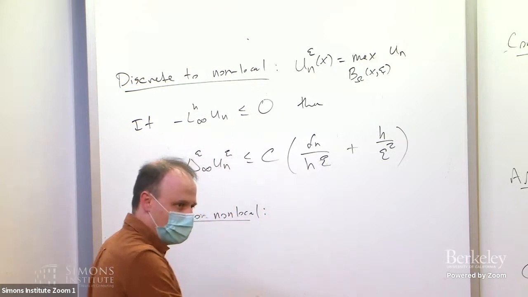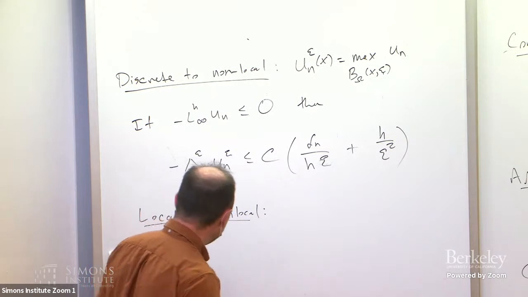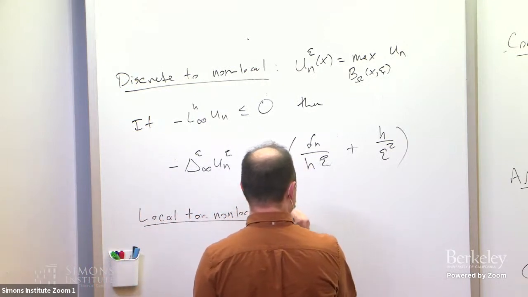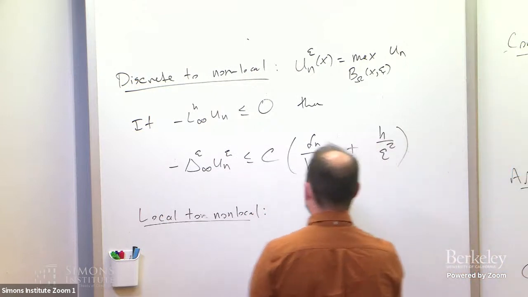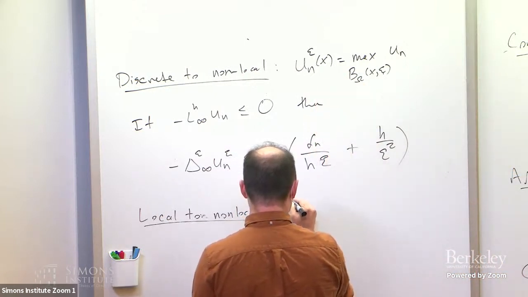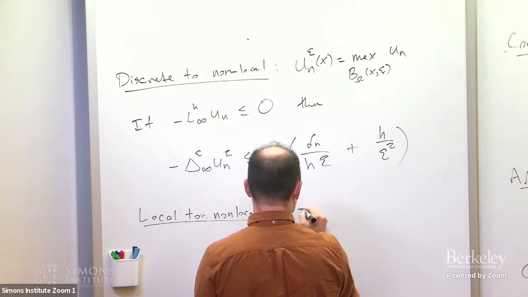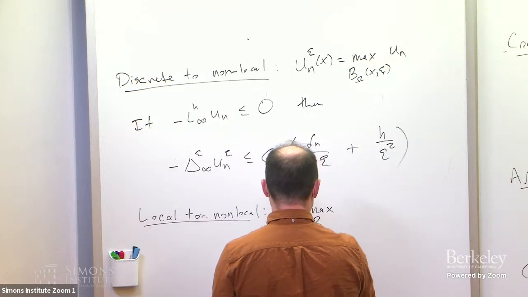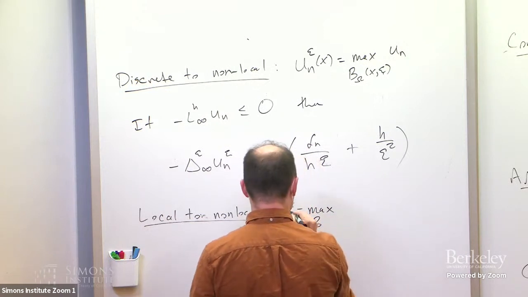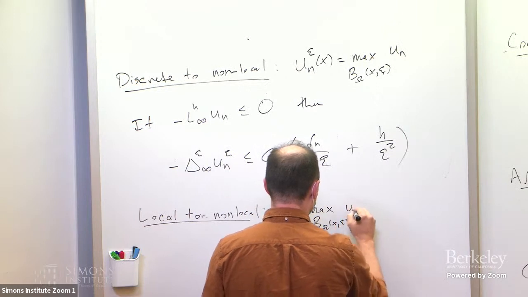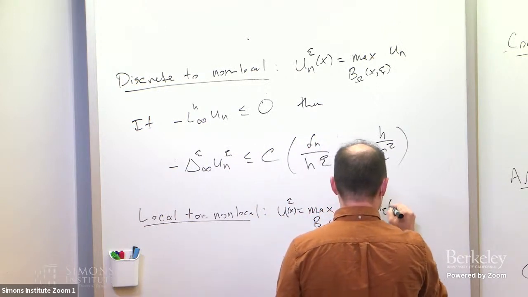Everything meets in this non-local problem, okay? And we do the bulk of the argument here. So here we're going to take the continuum thing and do the same kind of perturbation. So u epsilon is the max over balls. Sorry. And u sub epsilon is the min.